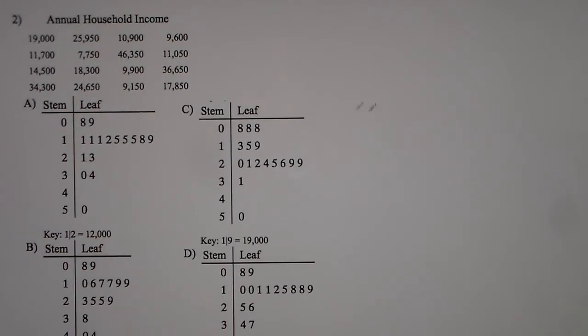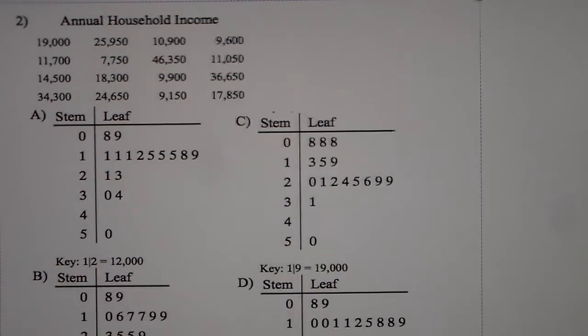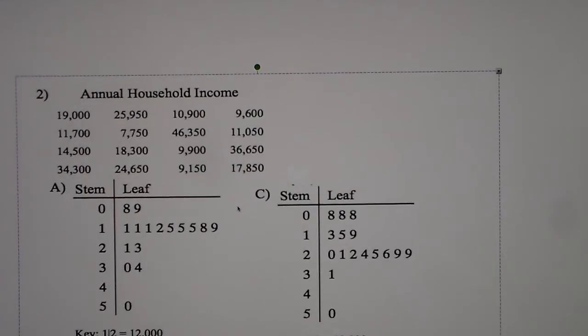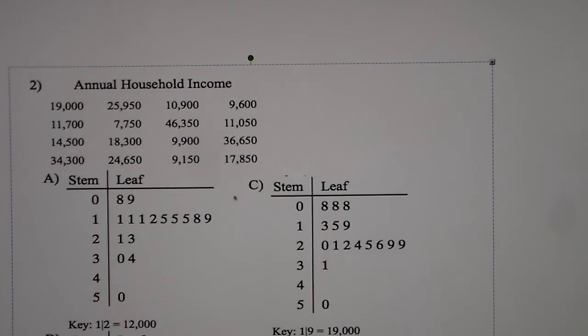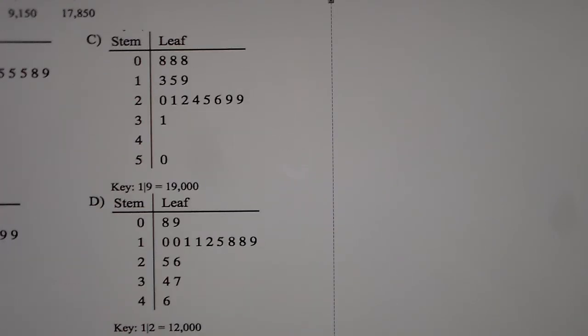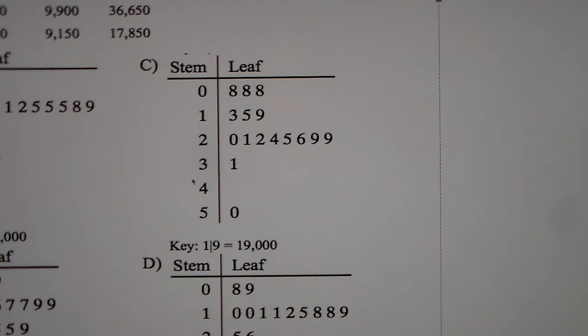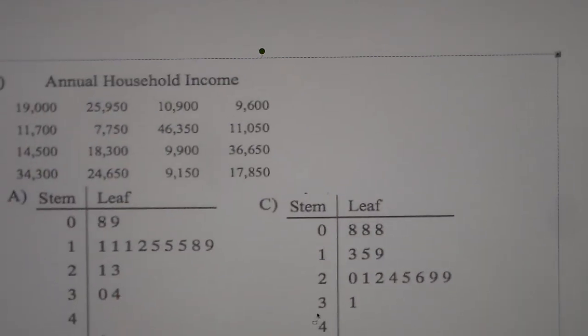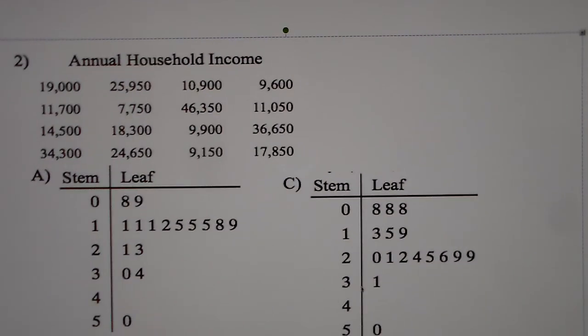Let's see if I can break that down one more time for you. So we have annual household income. Let's make it bigger, so it's easier to see on your screen. We have 19,000, 11,700, 14,000, 34,000.